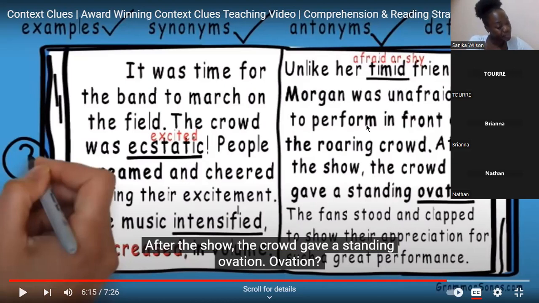Right? Yes, miss. So for the second one, ovation, the fans stood and clapped to show their appreciation. That means the context clue that was used is definition. Ovation means to show appreciation by standing and applauding.